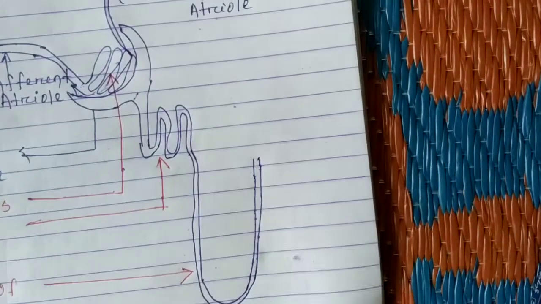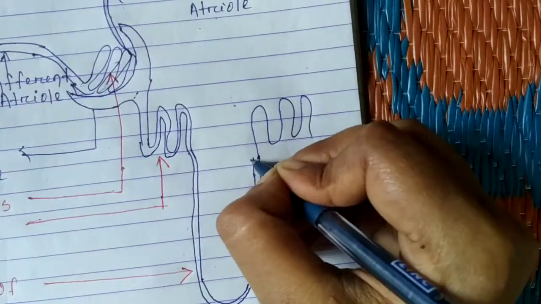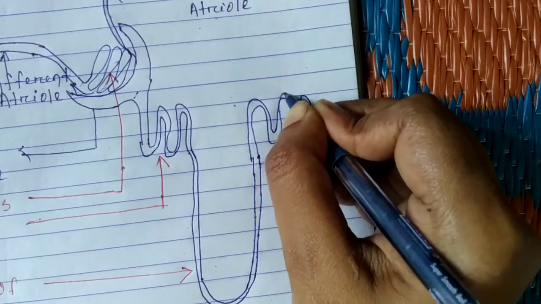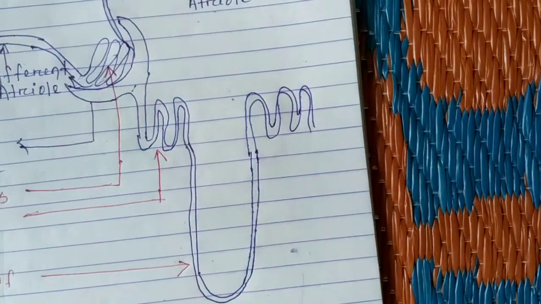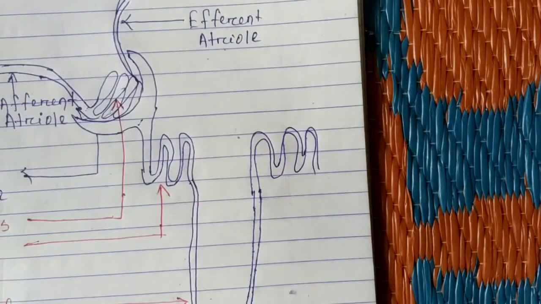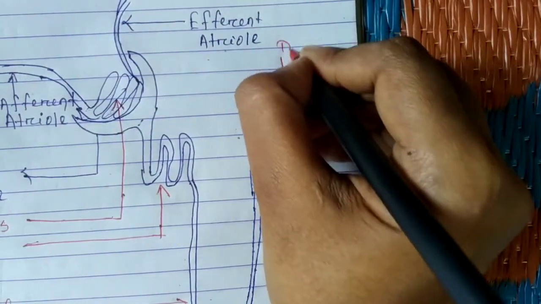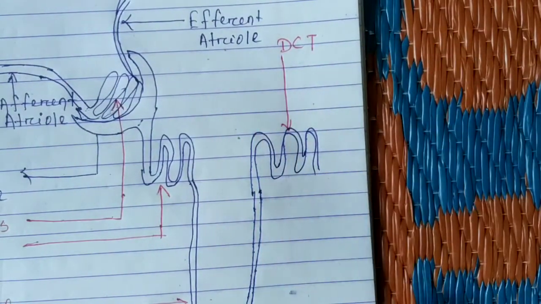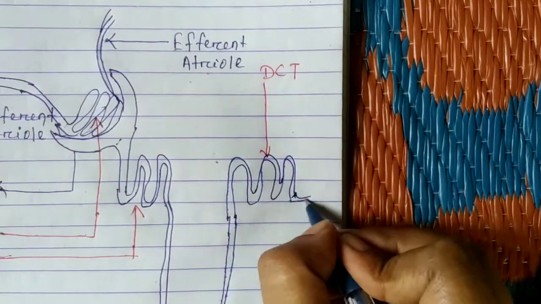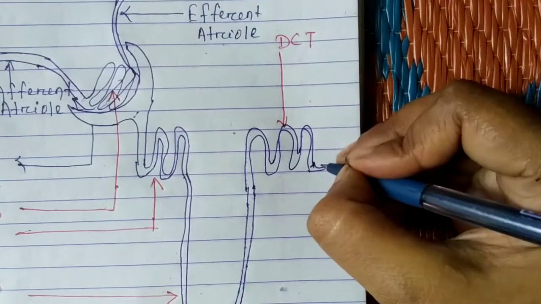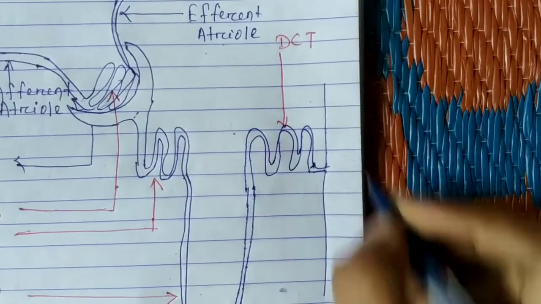Now the loop of Henle is again coiled and this coiled structure is known as the distal convoluted tubule, or the DCT in short. The distal convoluted tubule now joins a collecting duct.